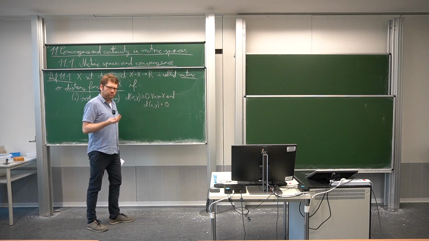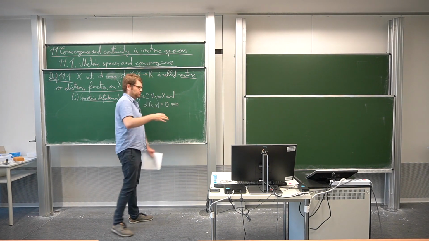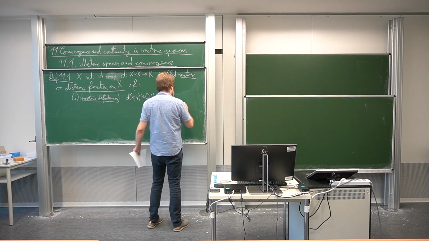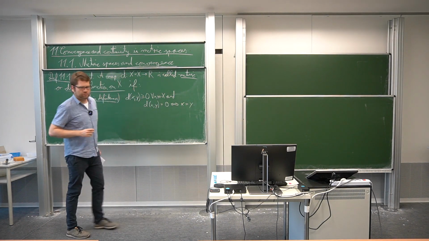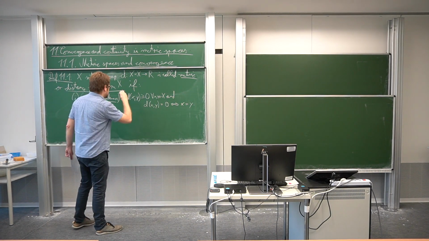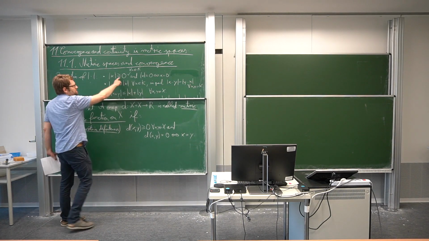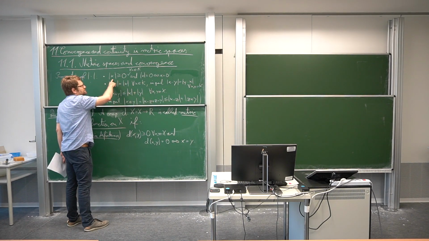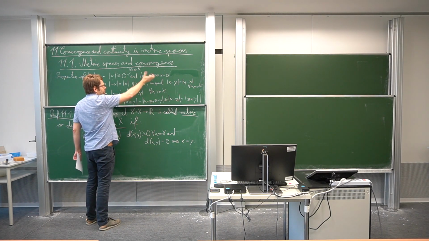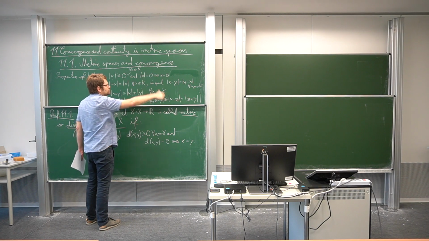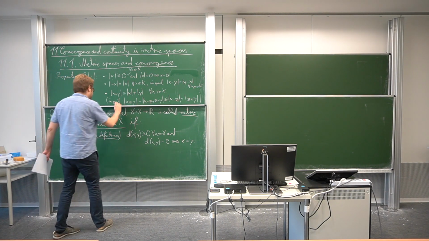So what should 0 distance mean? This should mean they are the same point, because no 2 points which are not the same should have distance 0. This makes no sense. Otherwise it's positive. Okay, and this is mimicking this property here. If you imagine we put in differences here, this would mean that the absolute value of a difference x minus y is 0 if and only if x minus y is 0, meaning x is equal to y.